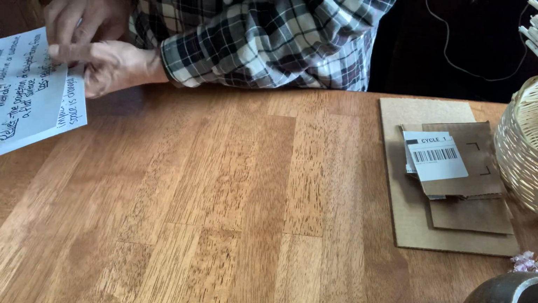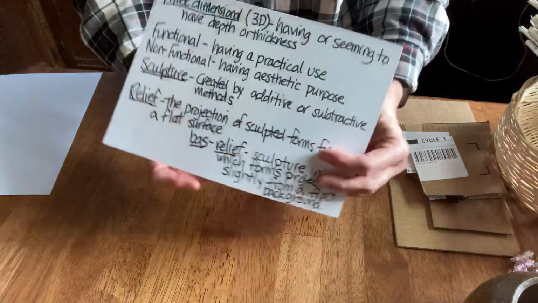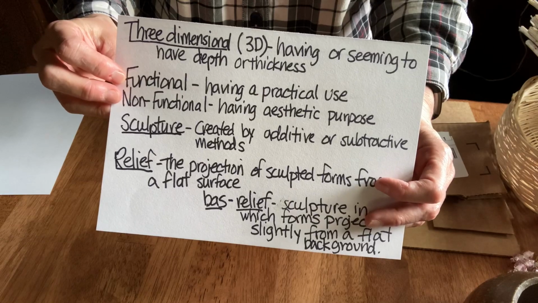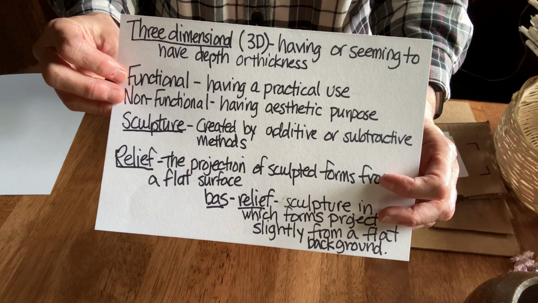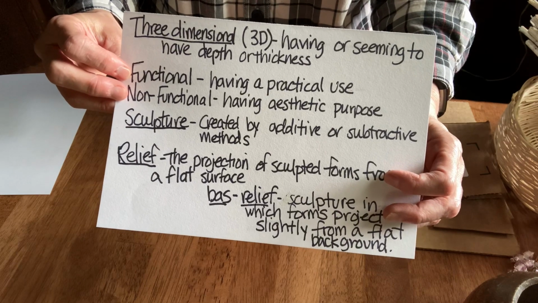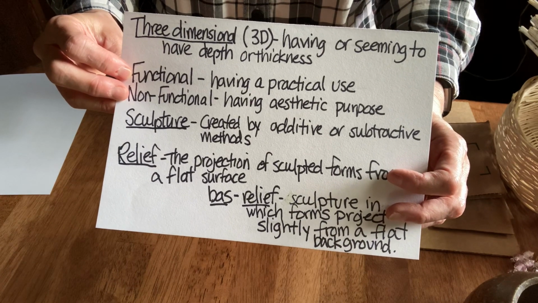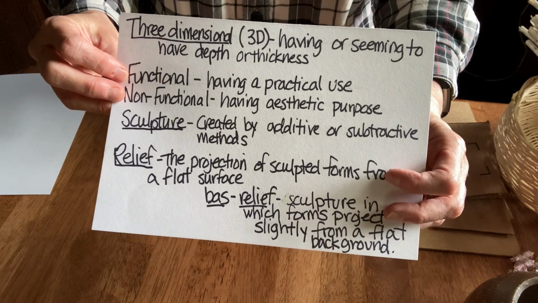Just to review some other vocabulary words, kind of important for this section is the functional and non-functional. So I'm going to be doing some examples of functional freestanding and non-functional freestanding. The functional art has practical use.